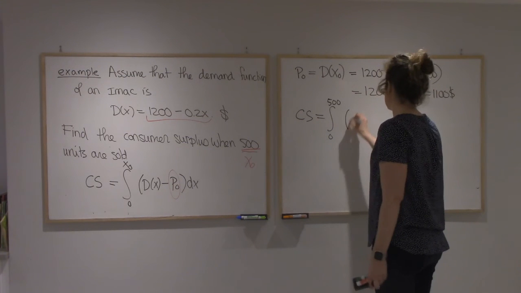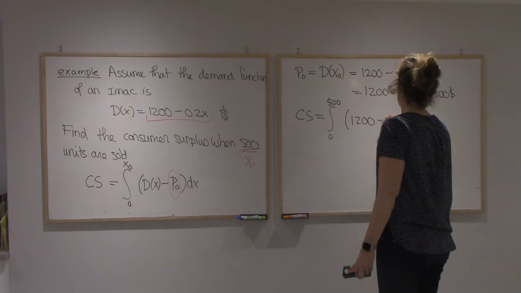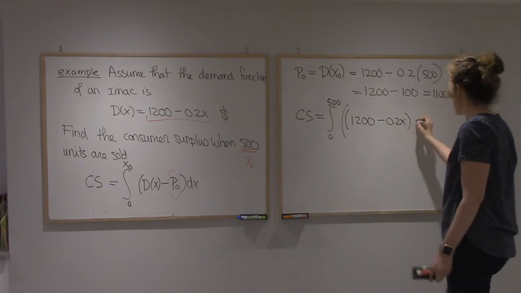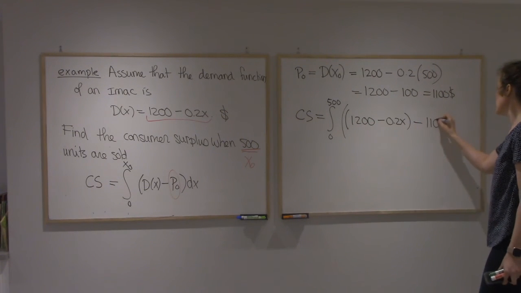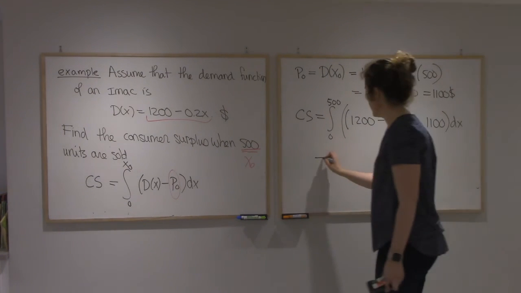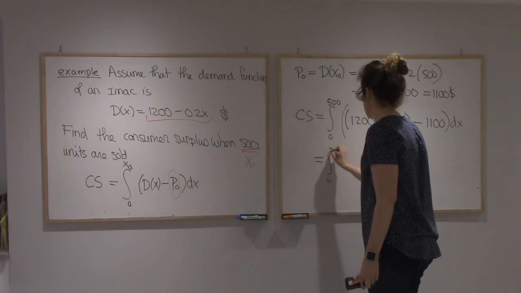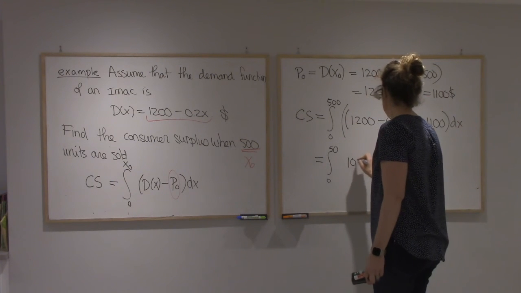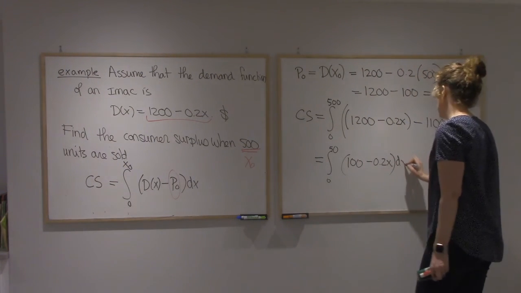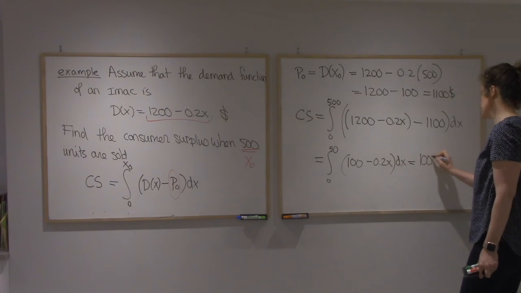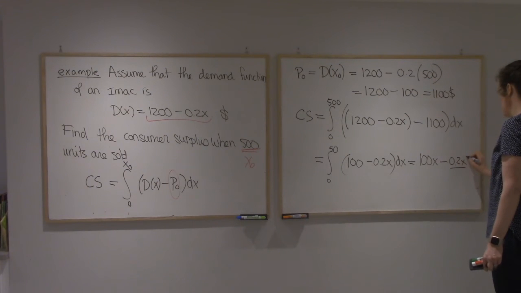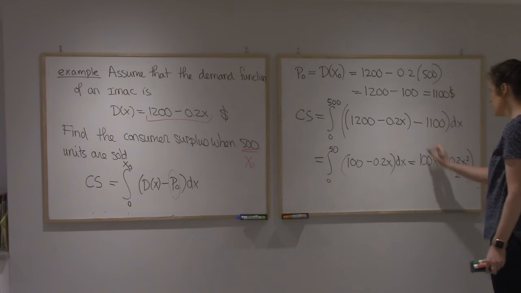D of x is 1200 minus 0.2x. And then I'm going to subtract my P0 here. And so I'll get 100 minus 0.2x dx. That's 100x minus 0.2x squared divided by 2.